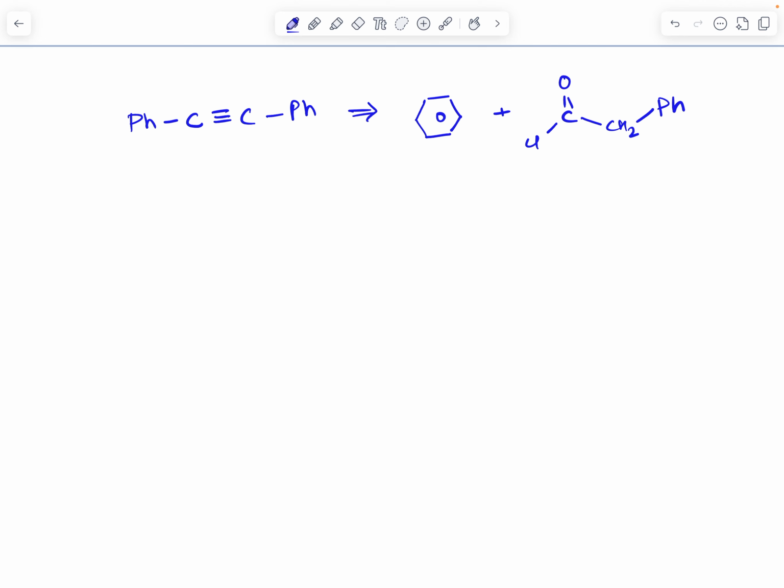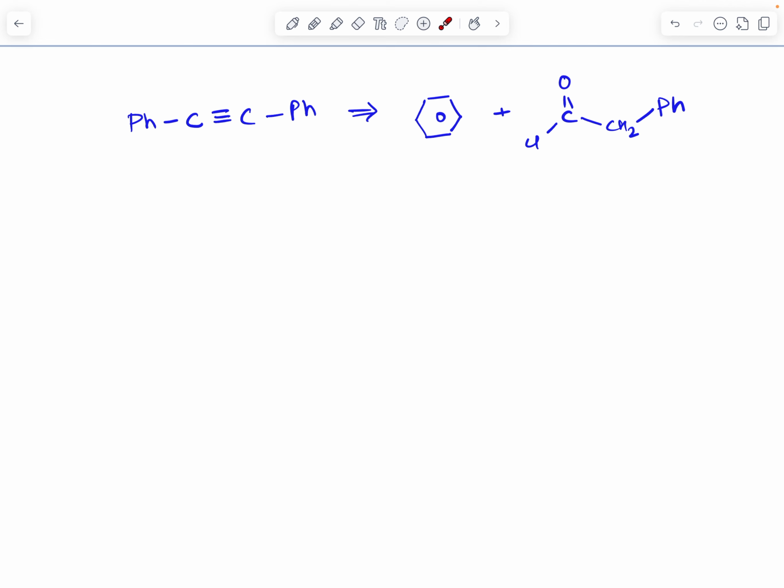So I'm going to go ahead and rewrite the compound PhC triple bond CPh. Okay, so I basically need 2 benzenes connected. So what if I had a benzene this way that reacted with another benzene with 2 carbons, but let's say I made 1 carbon a C double bond O, put a Cl out here, and then put a CH2 out there, and follow that up with another benzene ring.